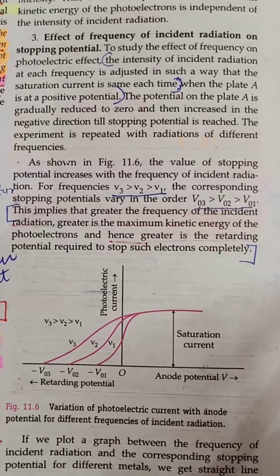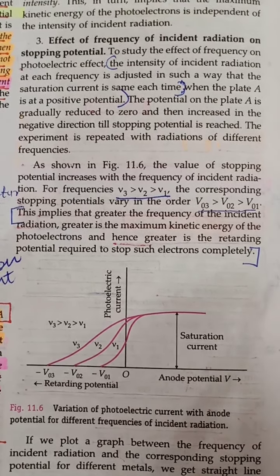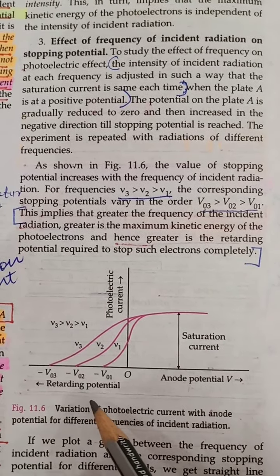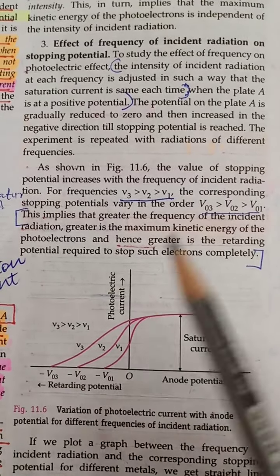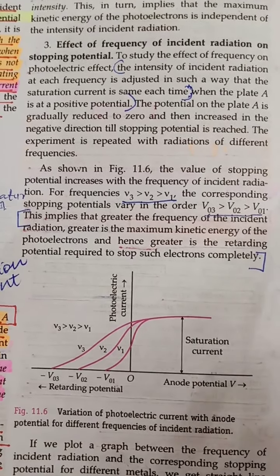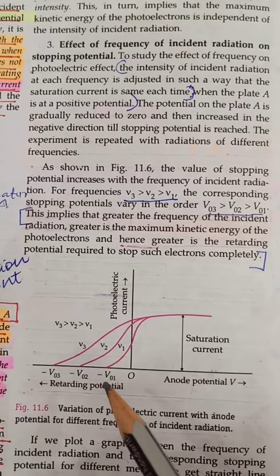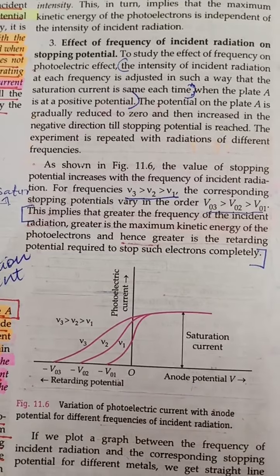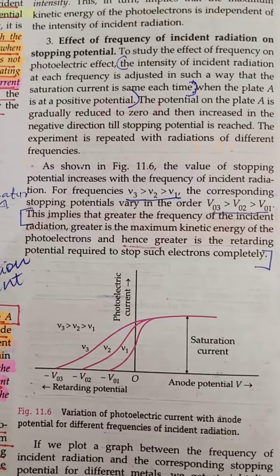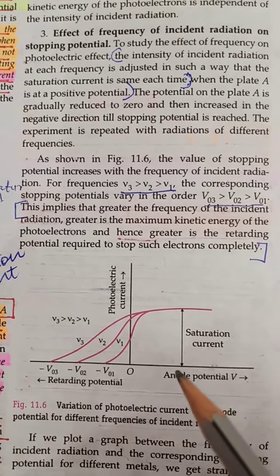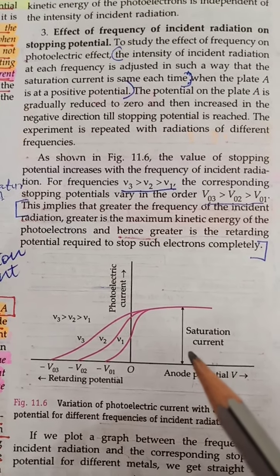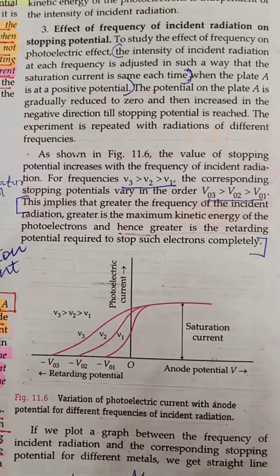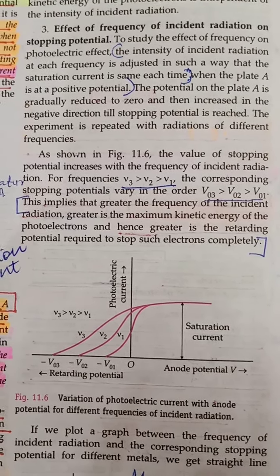When we decrease the potential of plate A and increase it in the negative direction till the stopping potential is reached, we observe that stopping potential increases with the frequency of incident radiation. So, greater the frequency of incident radiation, greater is the maximum kinetic energy of the photoelectrons, and hence greater is the retarding potential required to stop such electrons completely.